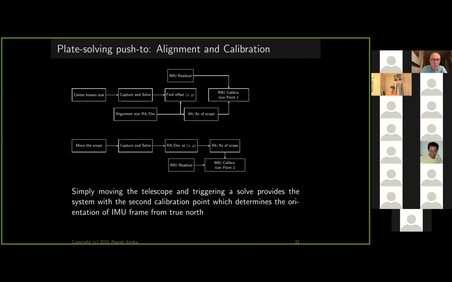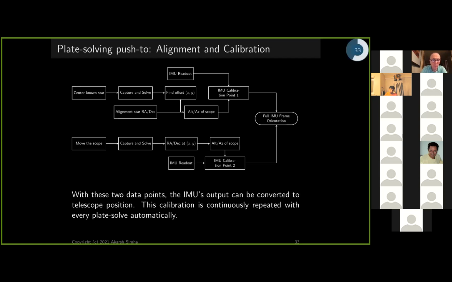The first calibration point tells me how the IMU is rotated with respect to the telescope axis. The second calibration point tells me which way is north in the IMU's frame of reference. And from these two calibration points, I have a full way to map the IMU's output to the positioning of my telescope.